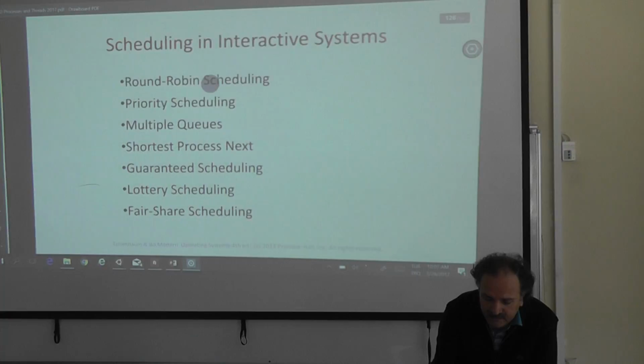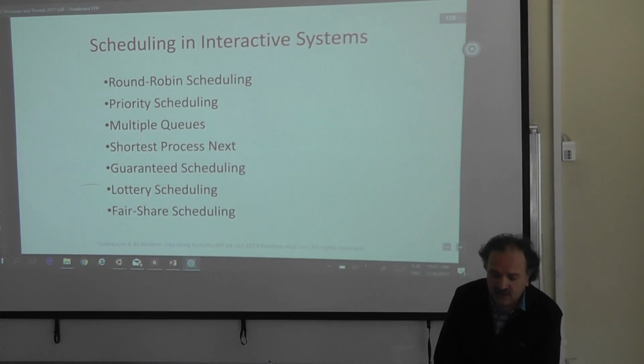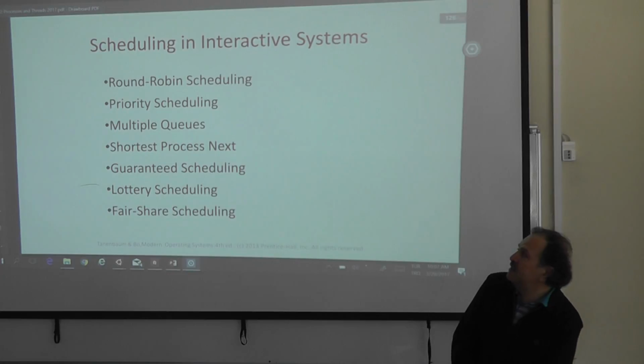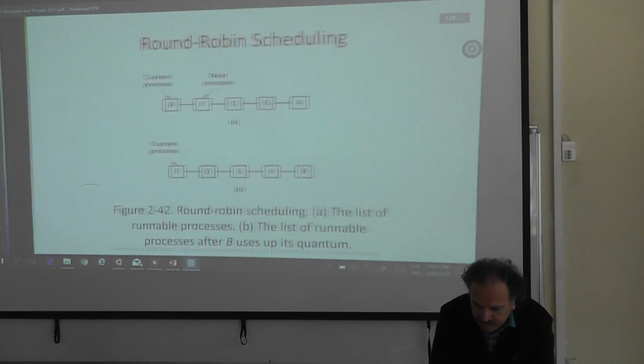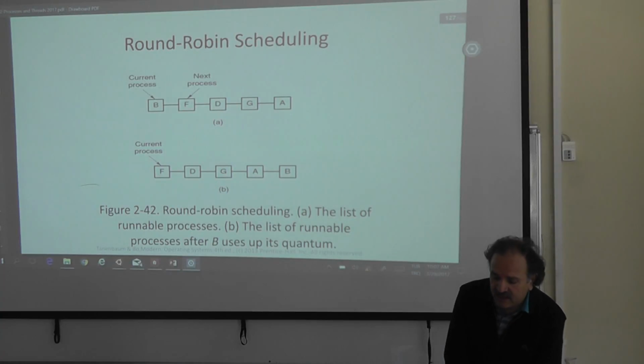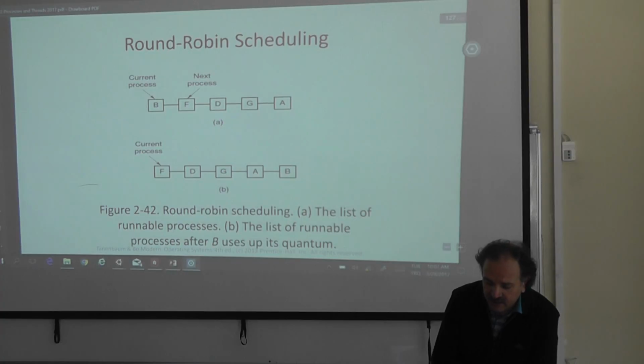So all of these scheduling algorithms are designed for interactive systems, and they all assume that the underlying system is preemptive. Preemption is available. The first scheduling algorithm, if you remember, was round-robin scheduling.